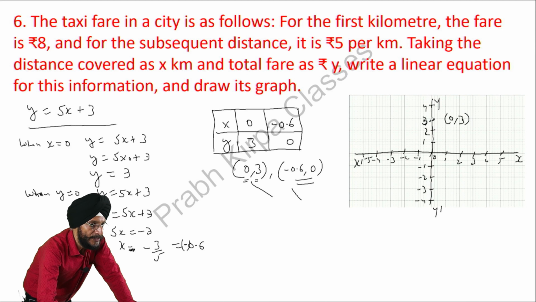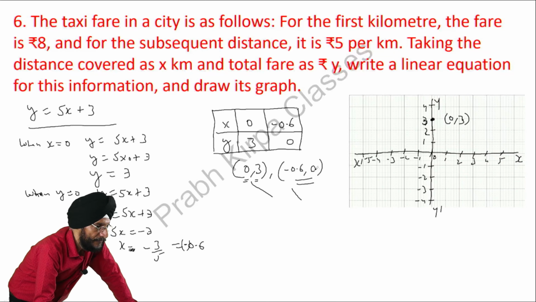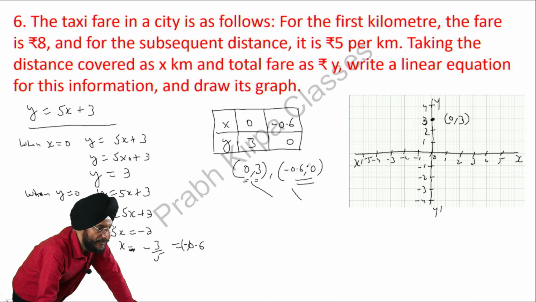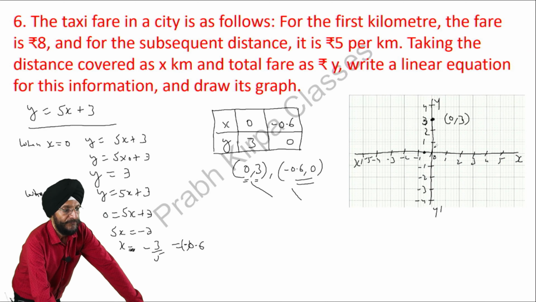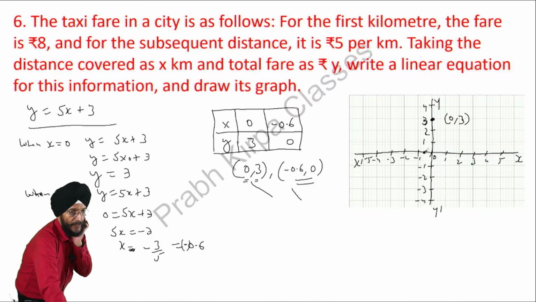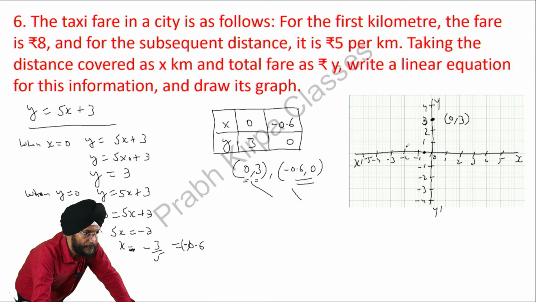Now we come to the next point, which will be minus 0.6. That is, it will be somewhere here. And the value of y is 0. That is, the point will lie somewhere here, where x is minus 0.6 and the value of y is 0.